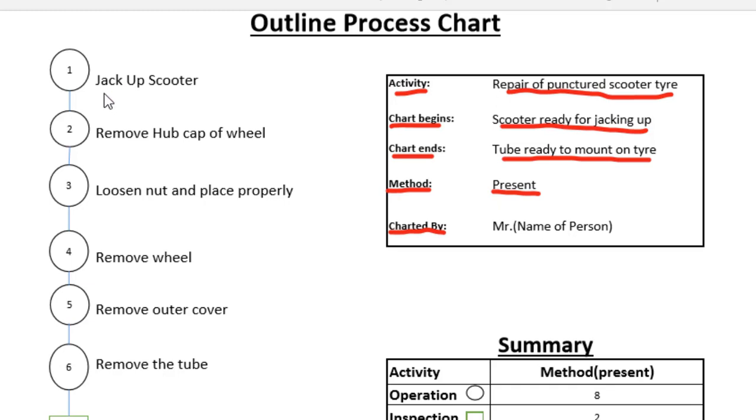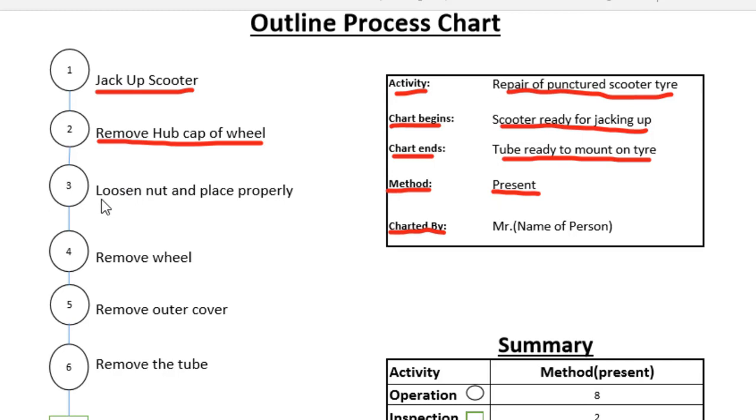The first activity is check up scooter. That is an operation, so we draw a circle in front of this activity. Then the second activity, we remove the hubcap of the wheel. This activity is also an operation, so we mark a circle in front of it.